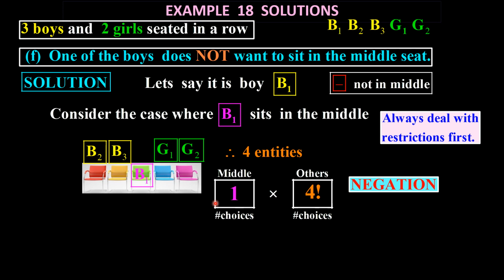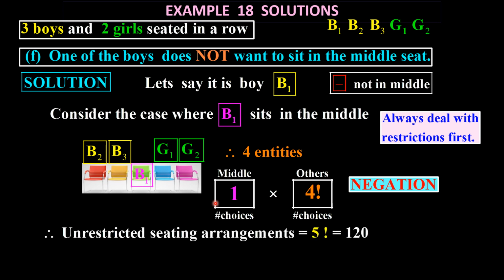Now, because we have a negation, let's look at the number of unrestricted seating arrangements. How many people are there? There are 5. So 5 factorial. So 5 people can be arranged in 5 factorial ways. Now let's come to our question. This is the number of cases where he sits in the middle.